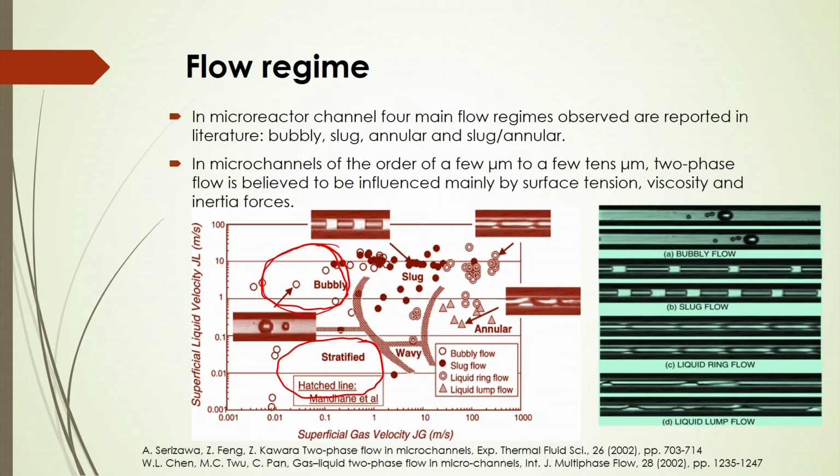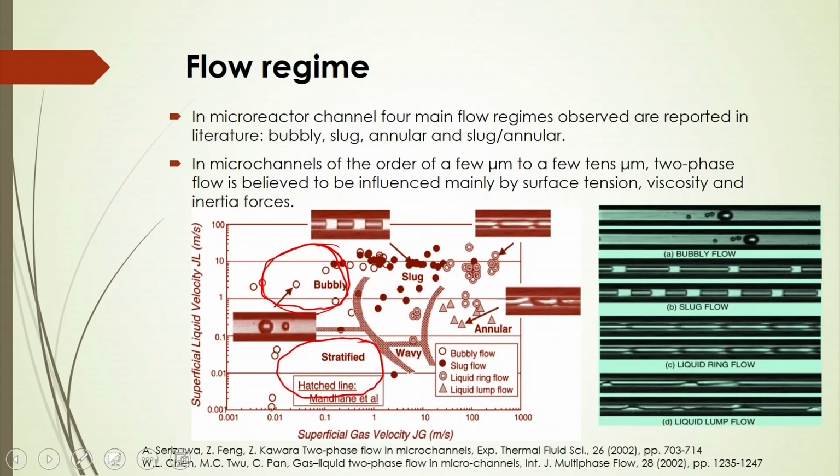In gas-liquid flow, there is a successive breakage into gas slugs and liquid slugs flowing through the channel. Another is annular flow, where the heavier liquid flows adjacent to the wall of the channel, whereas in the core region there is a flow of lighter liquid. This is called annular flow.